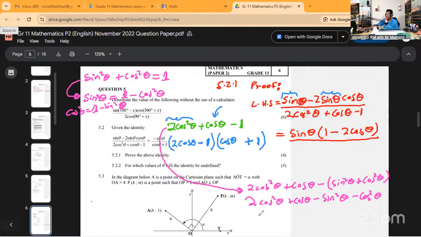So you'll end up having cos squared theta minus sine squared theta plus cos theta. And I think you can see where this is going.